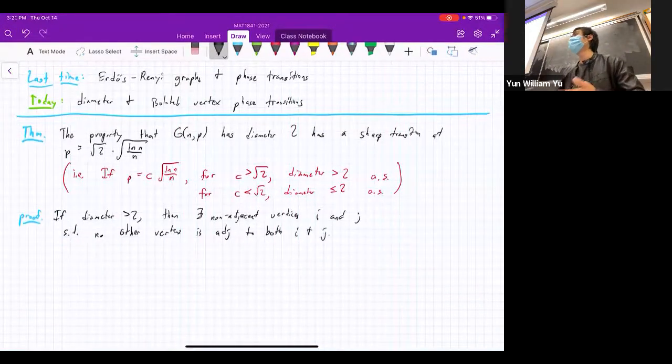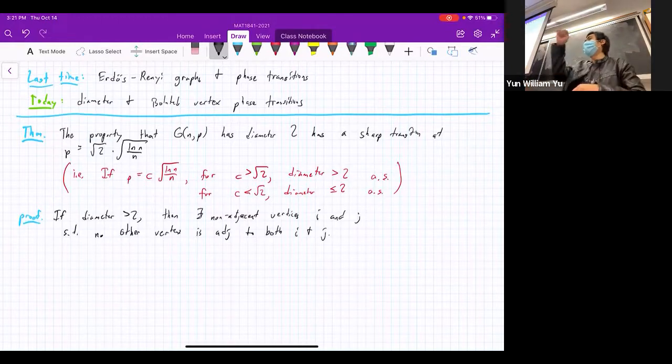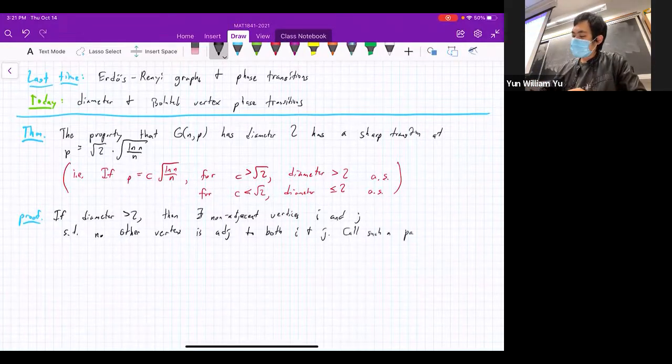Because if they're adjacent, then the distance between them is 1, so they clearly can't be adjacent. And we also can't have any intermediate node that you can use to hop between the two in 2 steps total. So we're going to call such a pair bad.